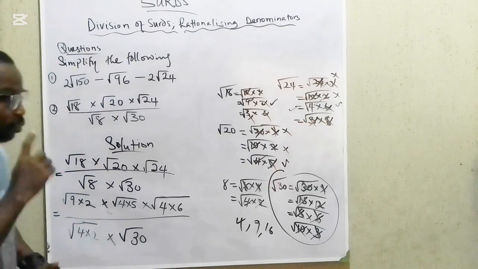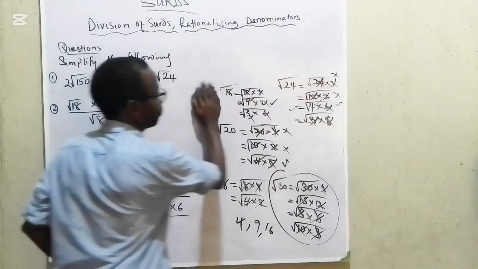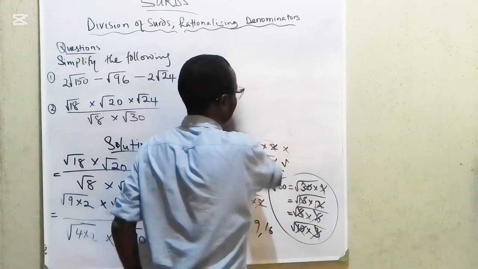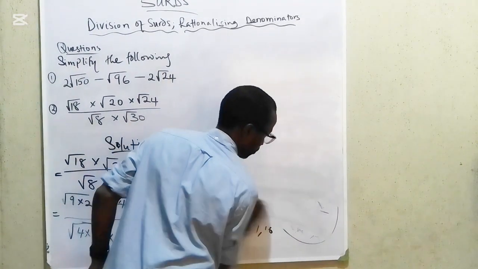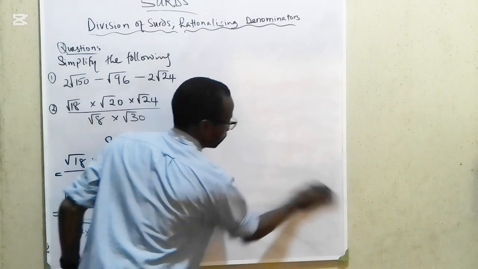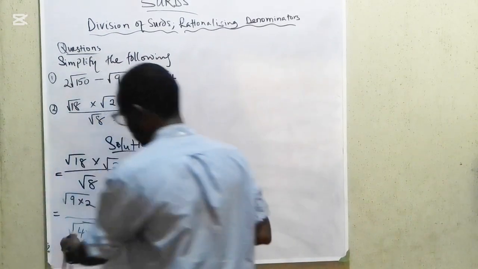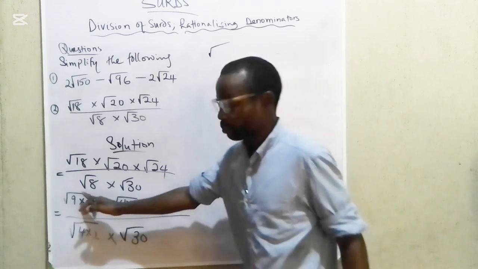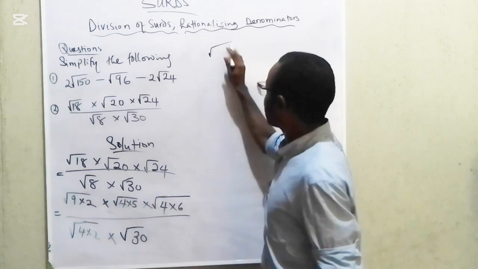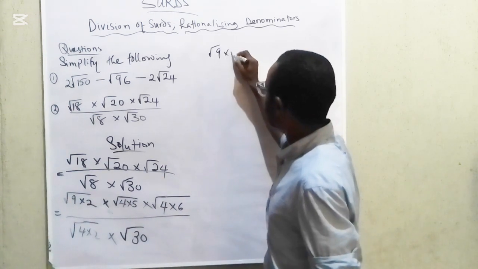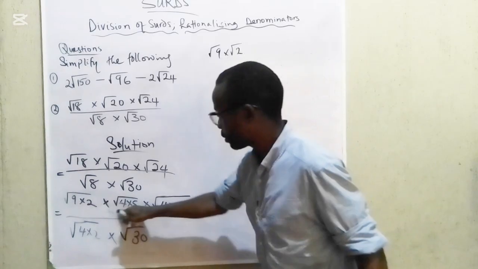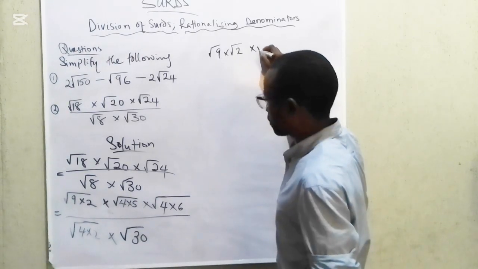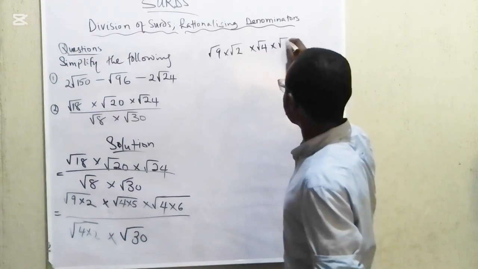So we'll move forward. Now let's go to the next step. Have we got this? Now the next step will be to bring this all here. So let's just bring it all here. What we're having is the square root of 9, we can separate them. Then this here is the same thing as the square root of 4 times the square root of 5.